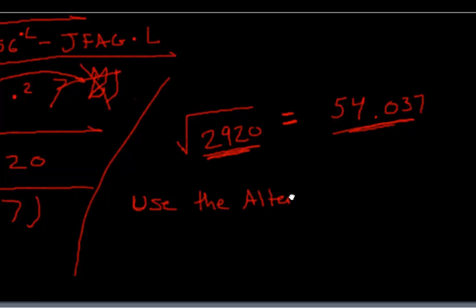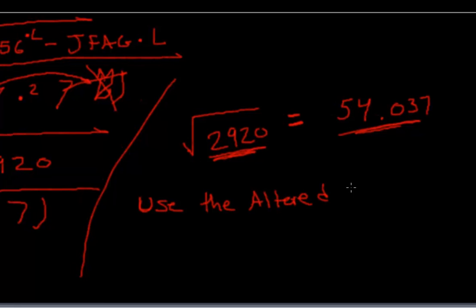Now, what we're supposed to do here is use the altered dimension property. So I'm gonna use that. I'll write dim for short. Take notes, please. I don't want to go over this again. Oh, wait. I meant to say, use the altered dimension rule.